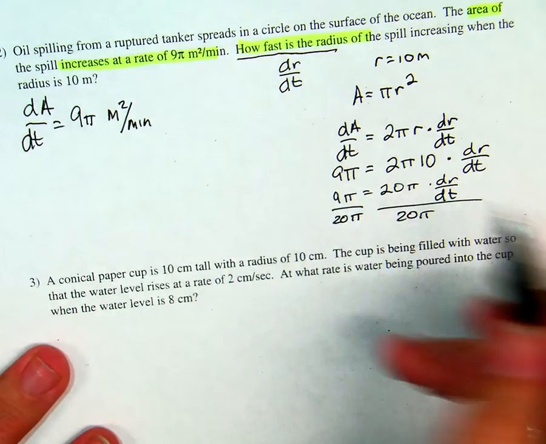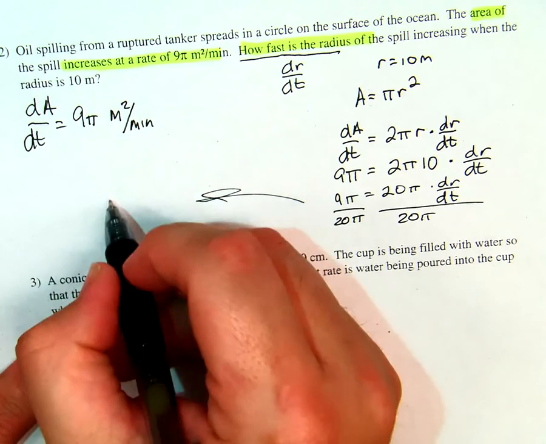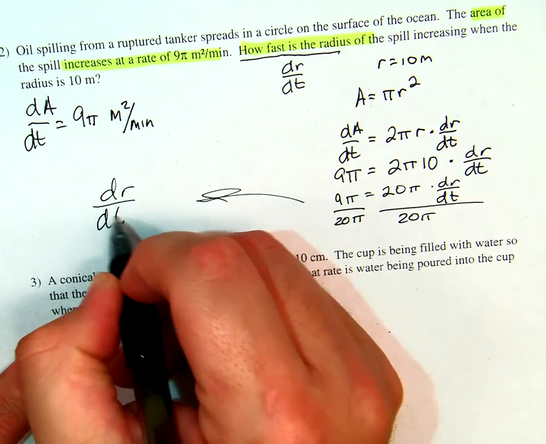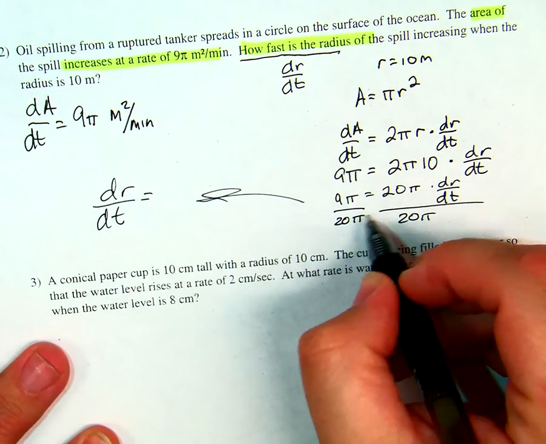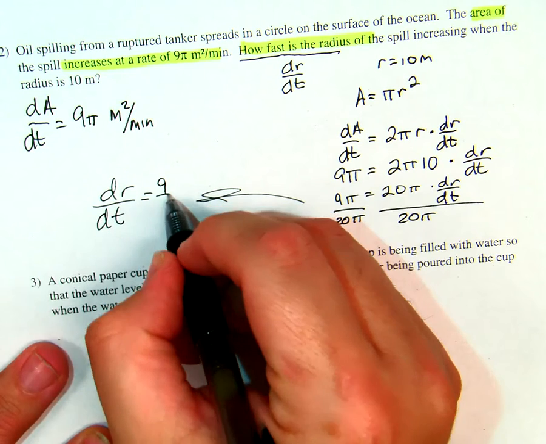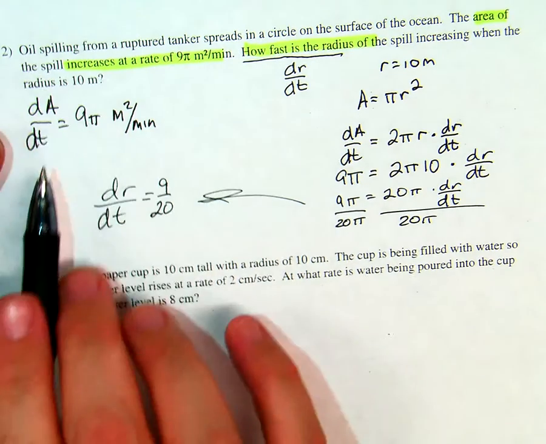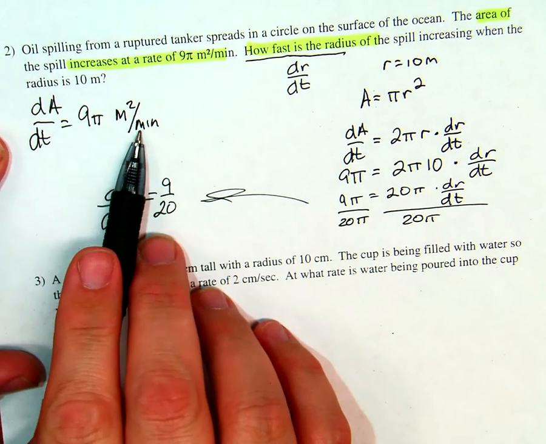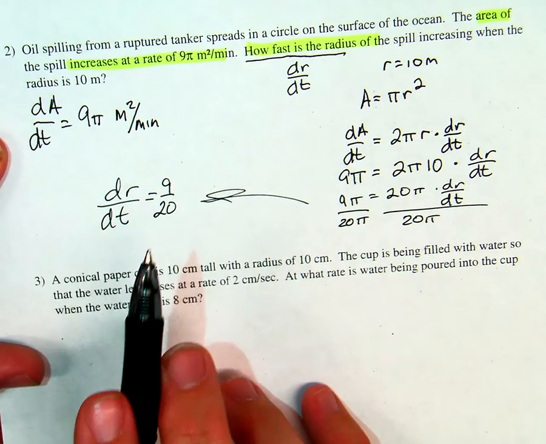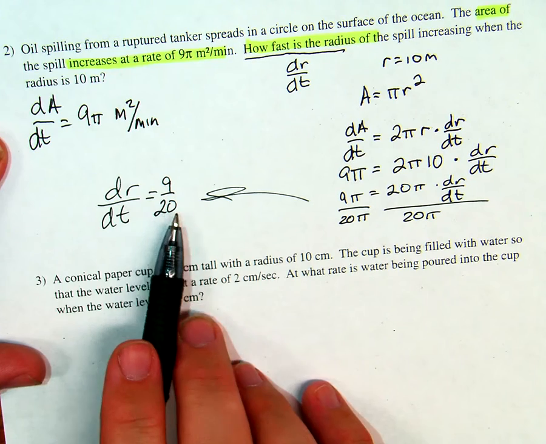So I'll put the answer over here. dr dt is equal to, the pi's cancel out, 9 over 20. Now, what's the rate going to be for the change in radius? The change in area was meters squared over minutes, so meters per minute.